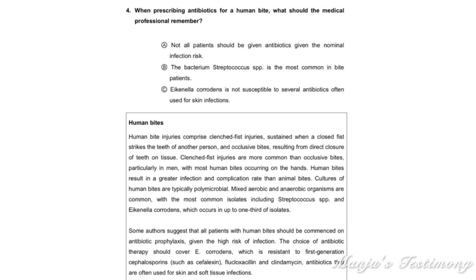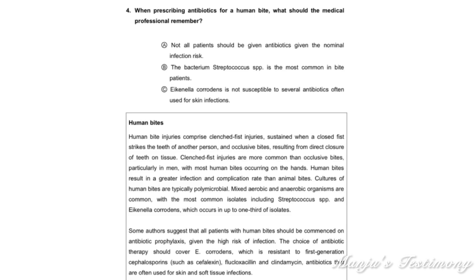So what does the sentence totally mean? When prescribing or choosing an antibiotic for a human bite, doctors should consider that one of the most common species, E. corrodens, is resistant to all the first generation cephalosporins, flucloxacillin and clindamycin, antibiotics that are often used in skin and soft tissue infection.